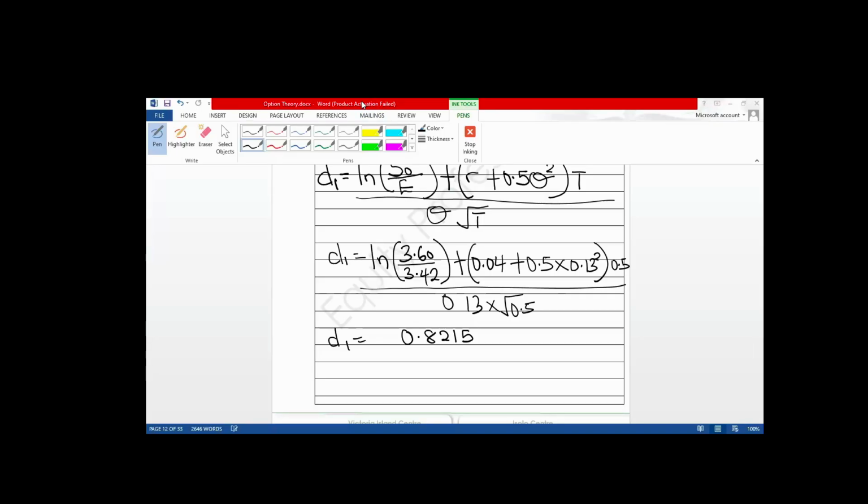Anything you get other than what you have on your screen, start again. 0.8215, you are fine. If you get any figure that is not 0.8215, please start again.